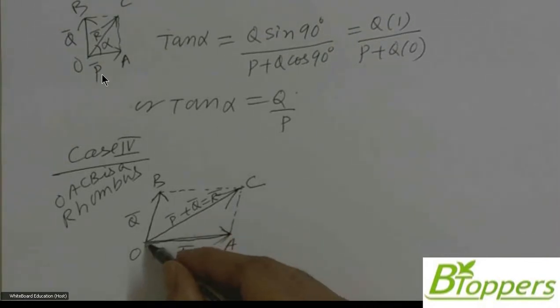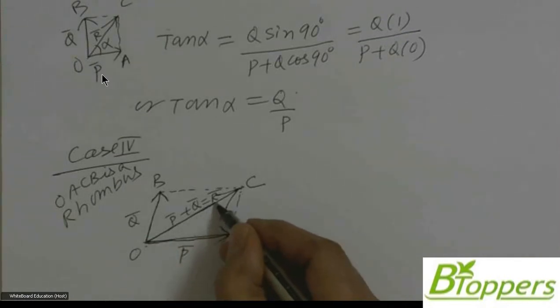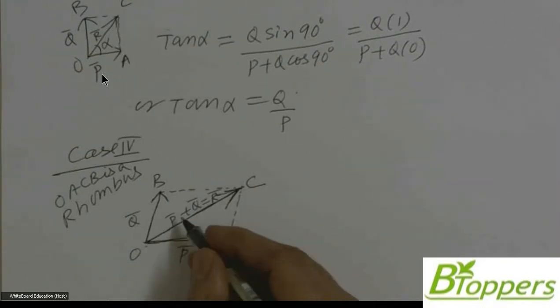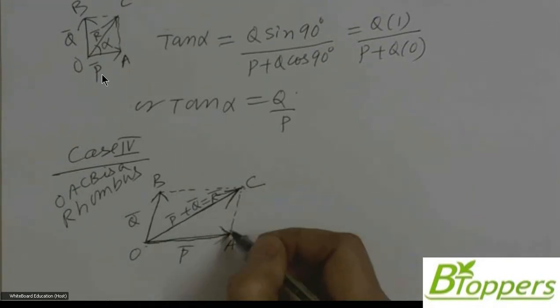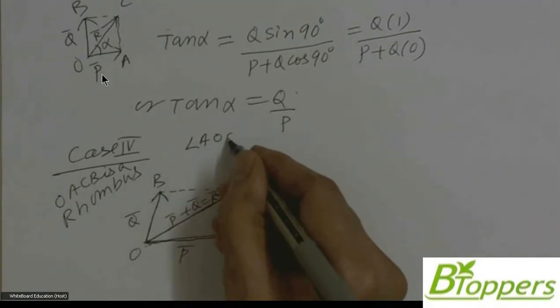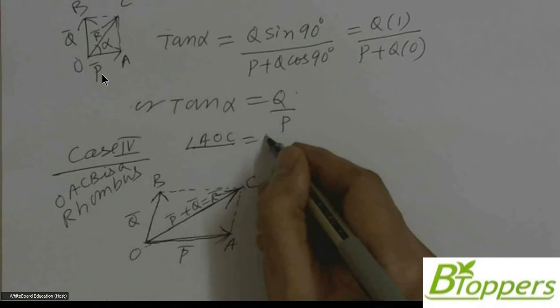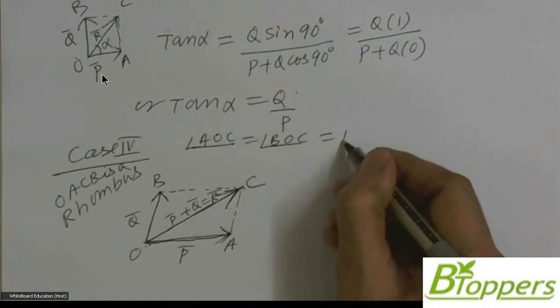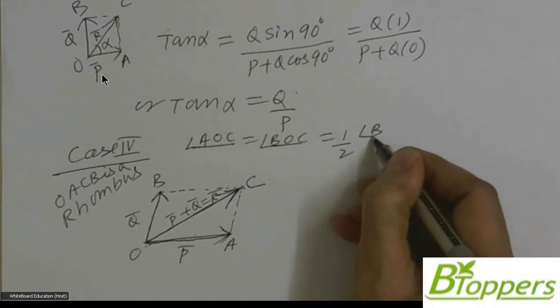As you must be knowing, in a rhombus the diagonal bisects the angle at the opposite vertices. That means angle AOC will be the same as angle BOC. This is equal to half of the angle BOA.